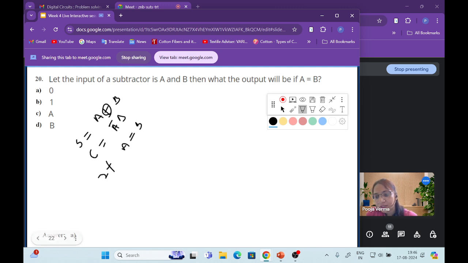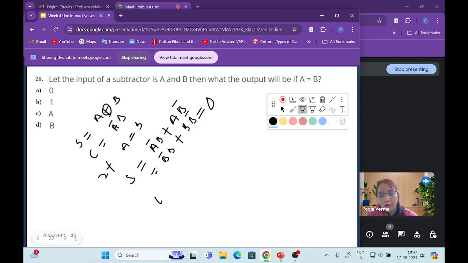So let's see. A XOR B is A bar B plus A B bar. If A is equal to B, then in place of A there is B, so B bar B and B B bar. So that will cancel out and the output will be 0.